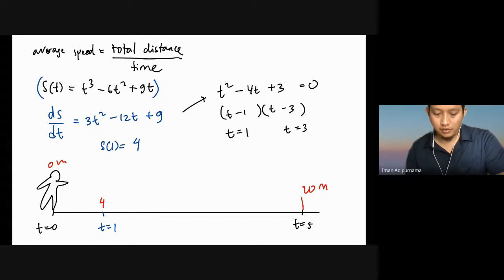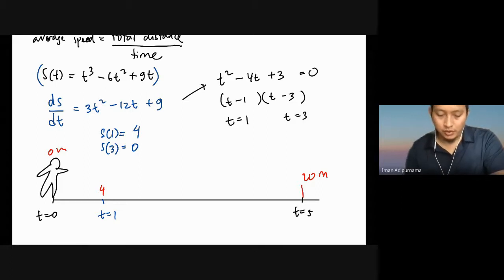And then when t equals 3, 27 minus 54 plus 27 is 0. So what is happening here? You are going forward first.